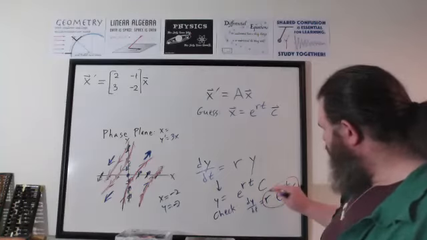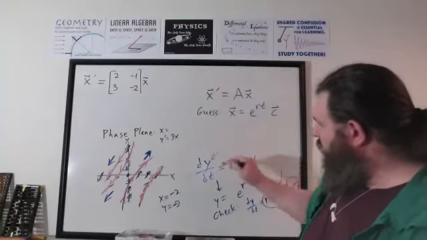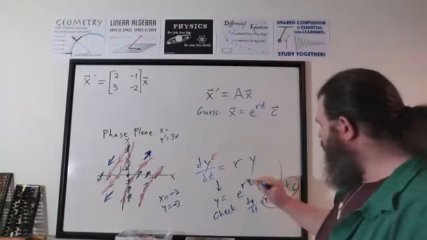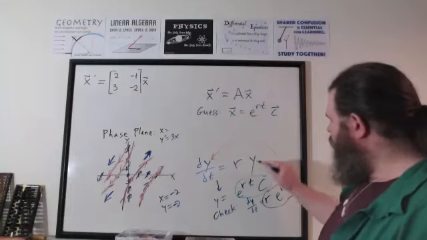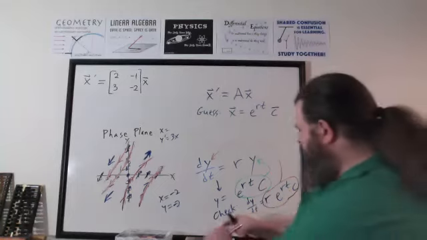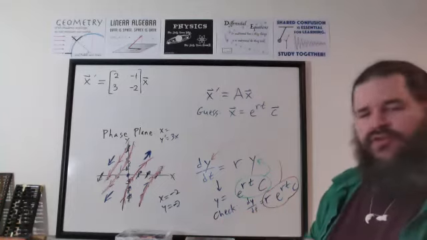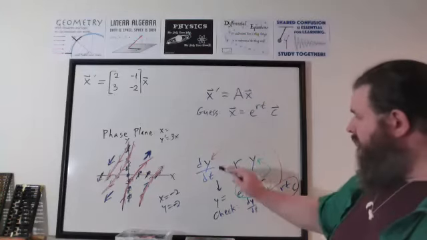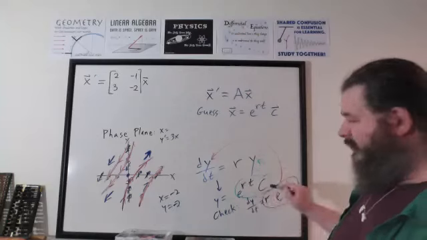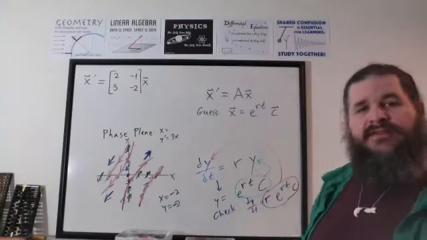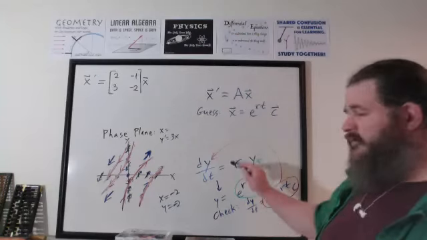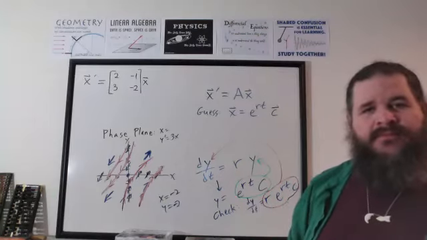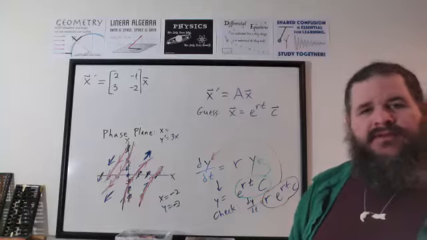If we take our derivative and substitute in for dy dt, and if we take the guess itself and substitute it for y, then we can see that it really is true that dy dt, r e to the rt c, is equal to r times e to the rt c. So that means since this guess makes the differential equation true, that guess really is a solution. Any questions on that so far?